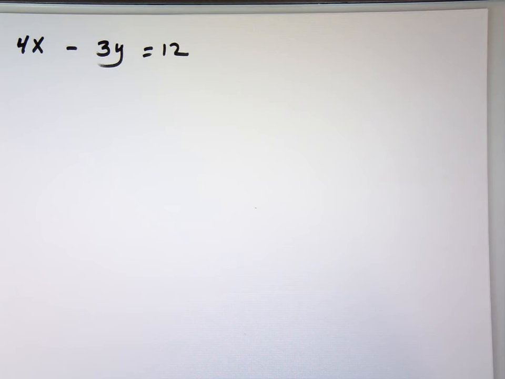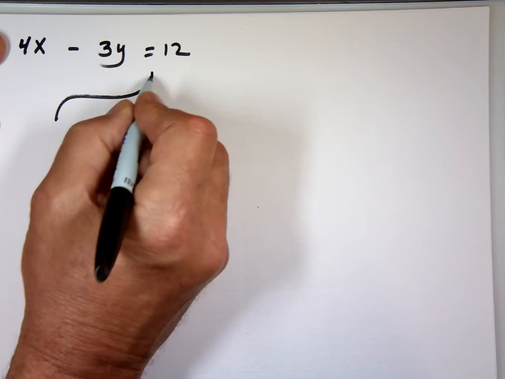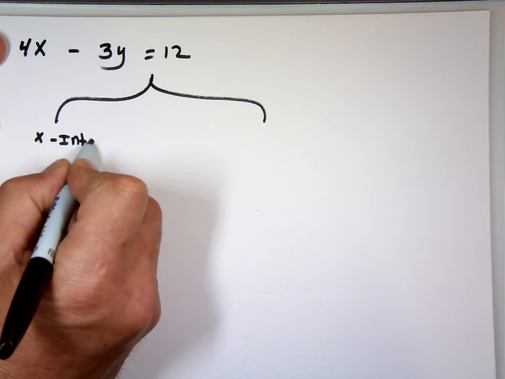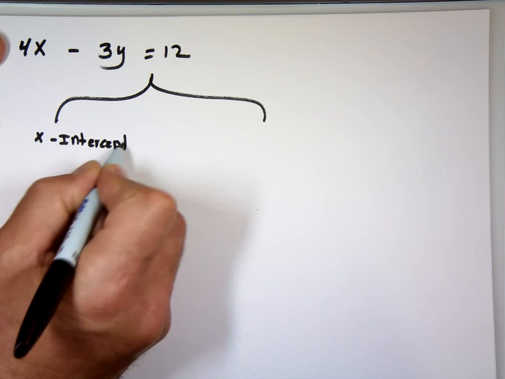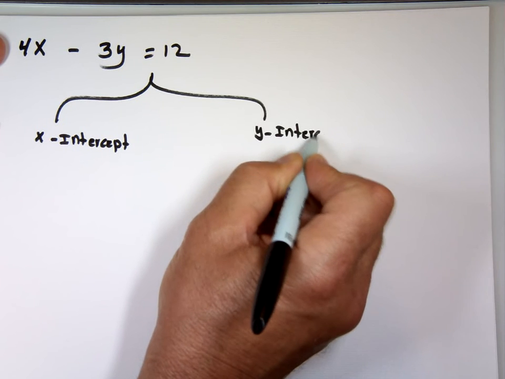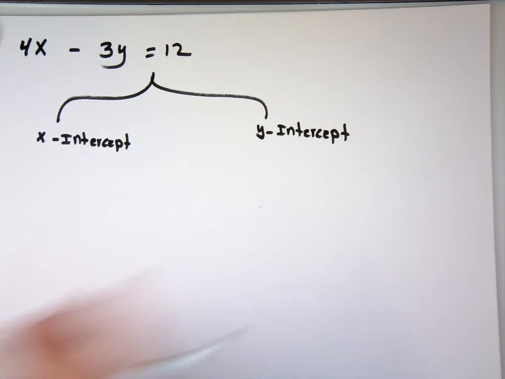I could actually graph that, solve for y and graph it. I could do that. When I see x and y on the same side, I tend to use a different method. I use the x-intercept and the y-intercept. I try to find both of these numbers, connect them, then I'm done.